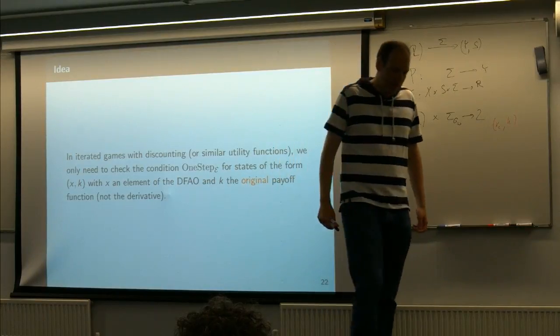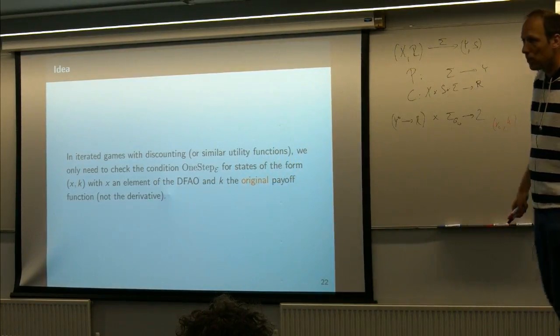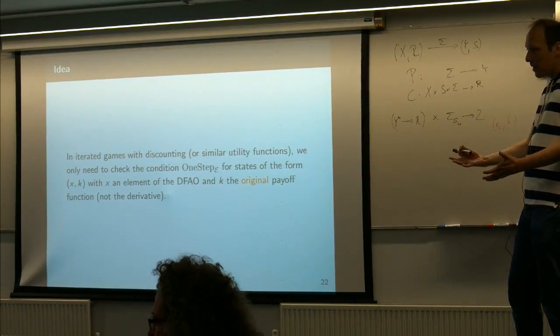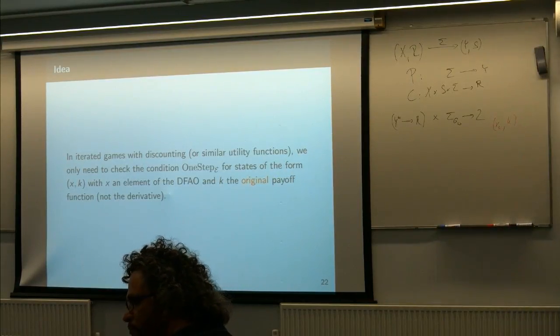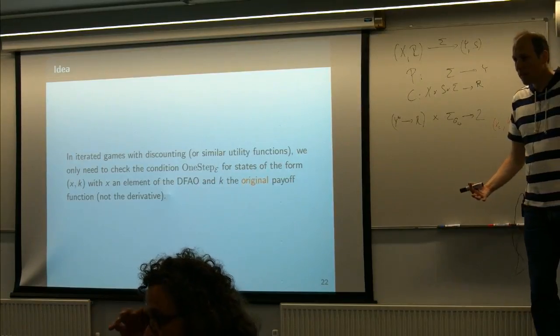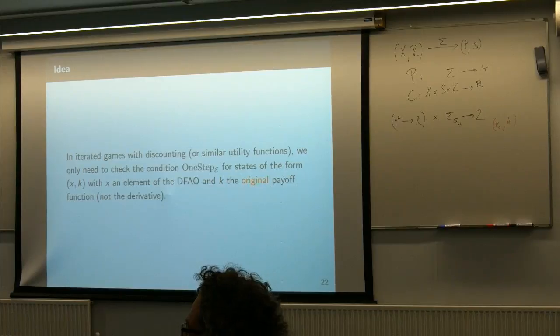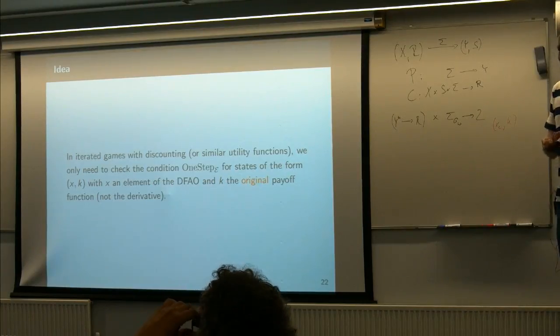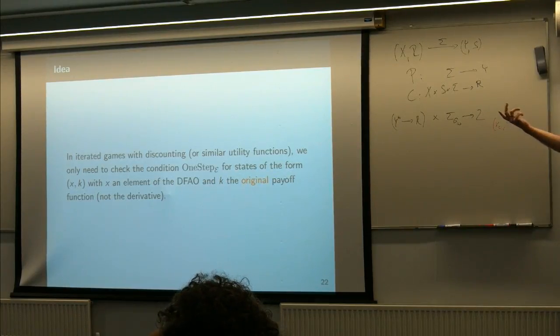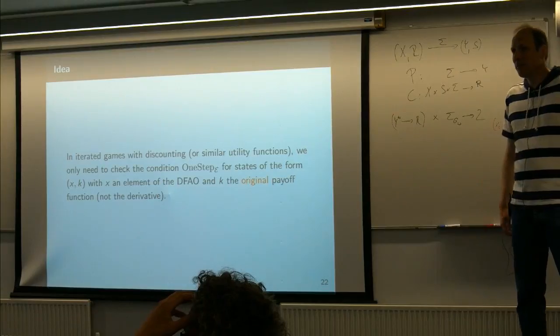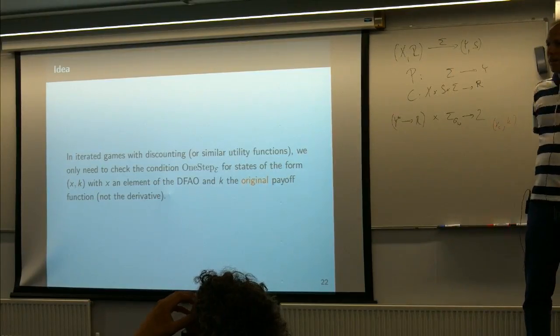So for the prisoner's dilemma, we would have to check only two pairs: xc with the payoff of the prisoner's dilemma, and xd with the payoff of the prisoner's dilemma. Updating that payoff with the history doesn't really change the one-step equilibria, because it's just a constant factor corresponding to the history so far, which is totally irrelevant for the current equilibrium.